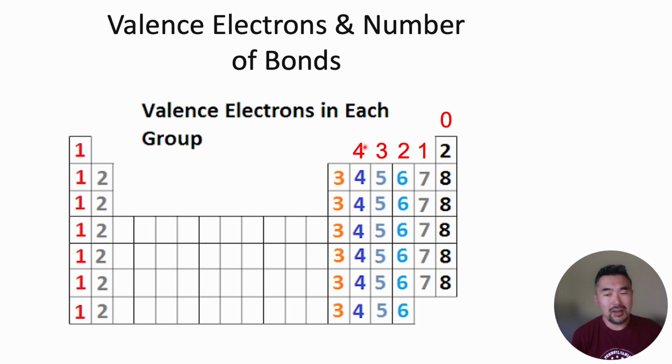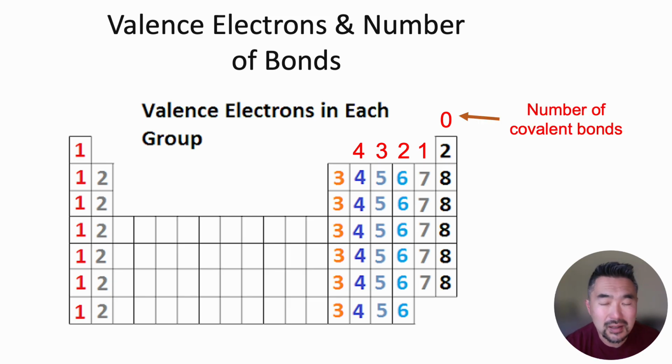If you only have 4 electrons, each of those could bond with another atom that wants to share an electron, and you can have 4 bonds to have 8 electrons total. Similarly, if you have 5, you need 3 other atoms that bring 3 electrons to the table to form an octet, and so forth. So these are the number of covalent bonds that are expected.